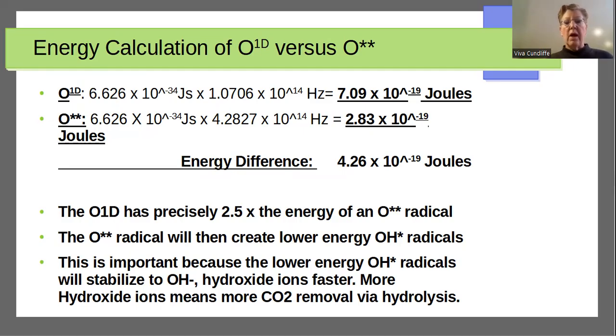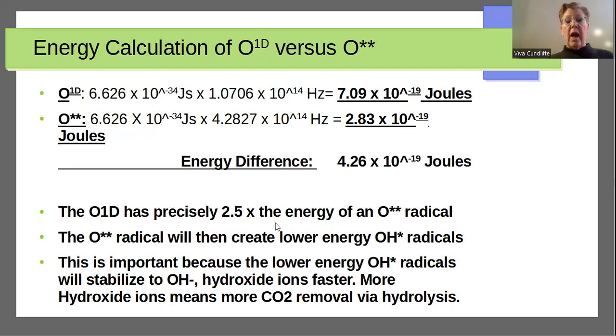This is important because the lower energy hydroxyl radicals will stabilize with time to hydroxide ions. The hydroxide ion is the stable form of the hydroxyl radical. The hydroxyl radical has an electron associated with its orbit that is not stable, but over time it stabilizes, and then we call it the hydroxide ion.